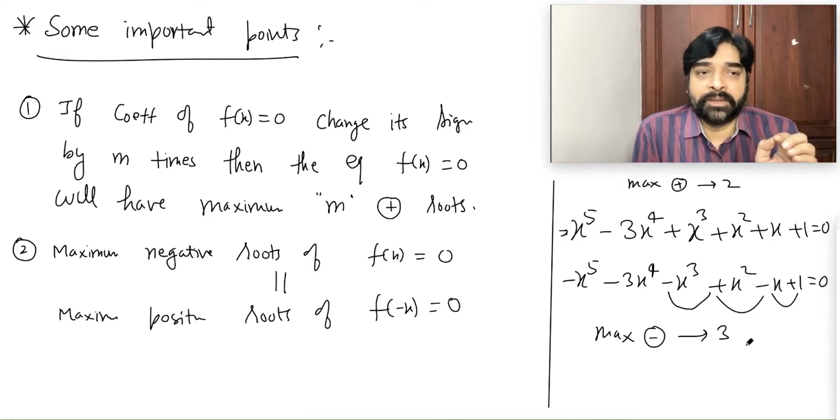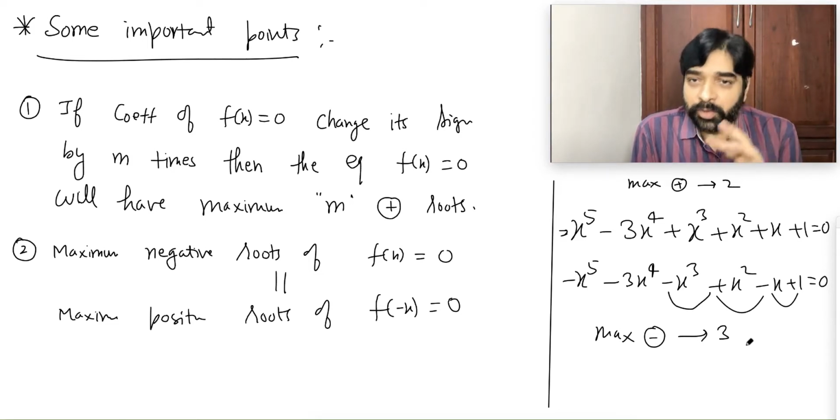Did you understand? So if anybody asks maximum real roots, how many can happen? 5. Maximum positive roots 2, maximum negative roots 3. Understood my point? So negative roots cannot be 4, negative roots cannot be 5.